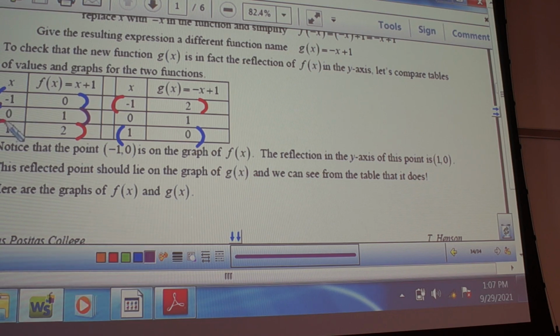Remember, the x becomes negative x. Negative 0 is the same thing as 0, so that stays the same. So this one went there, this one went there, and that one stayed the same. Okay.